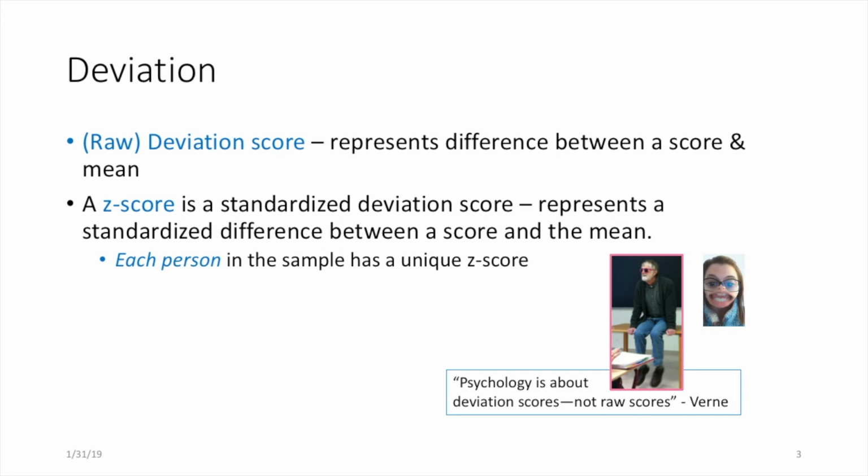So the standard deviation statistic, S, is one number representing an entire sample, or describing an entire distribution of scores. We can use that one estimate to then standardize each person's scores, which means each person in the sample will have a unique standardized score.